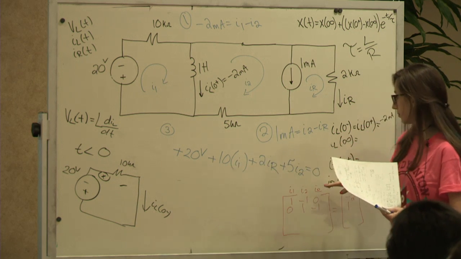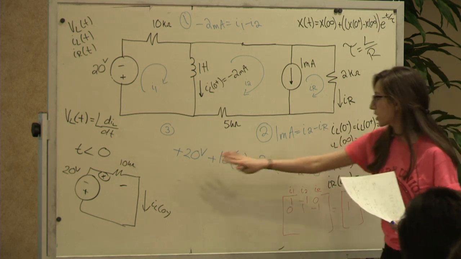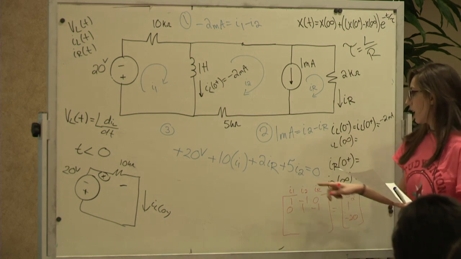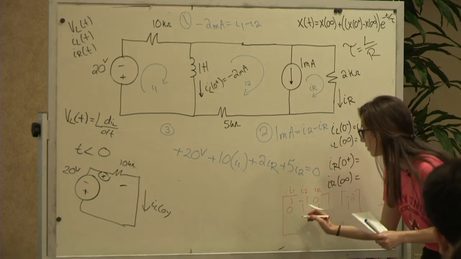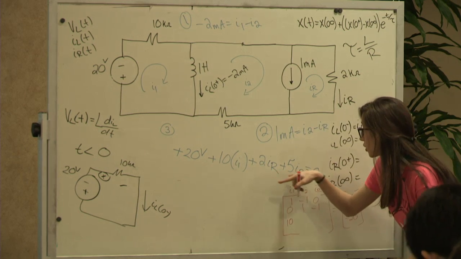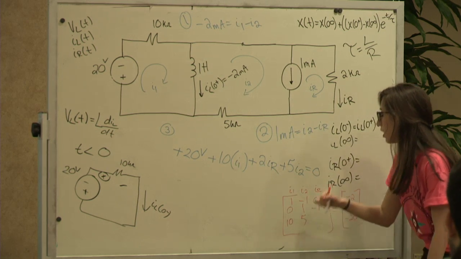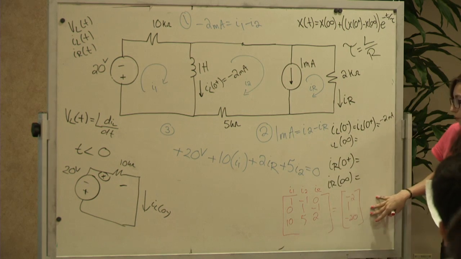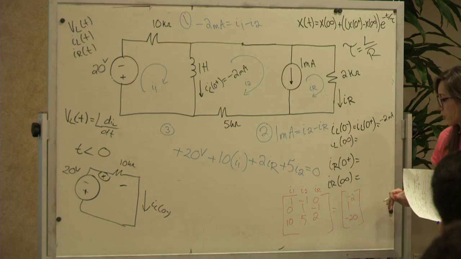Now for this one, I'm just going to move the 20 over, and that's going to be negative 20. The coefficient of I1 is 10, the coefficient of I2 is 5, and the coefficient of IR is 2. If you haven't seen this before, don't worry. Basically, you plug this in your calculator.